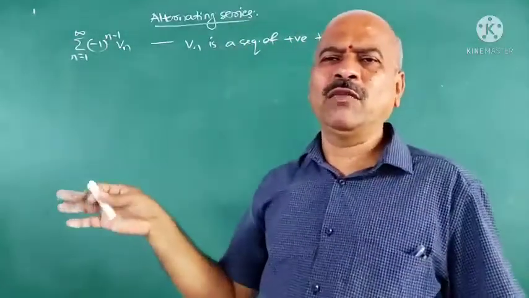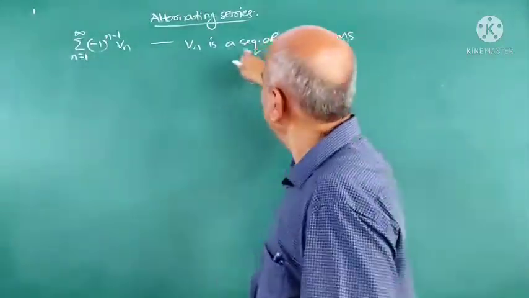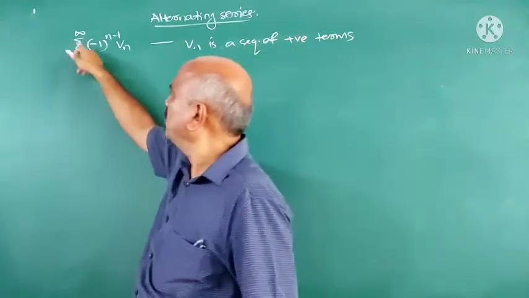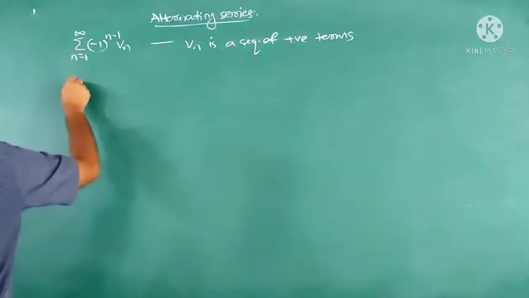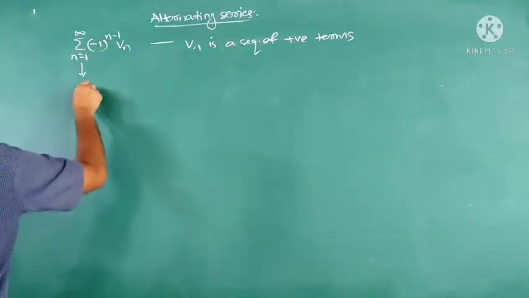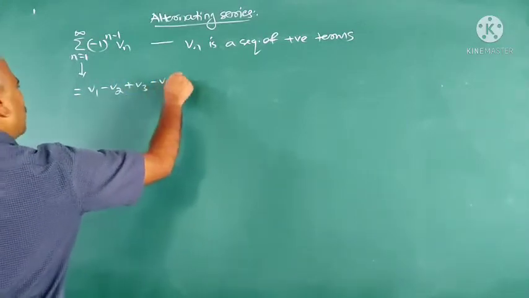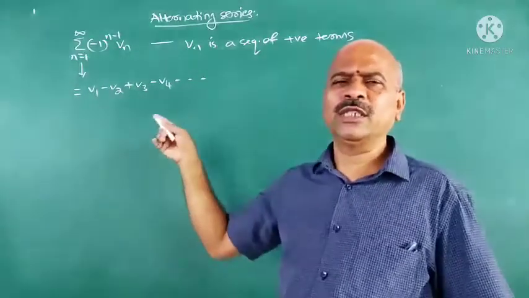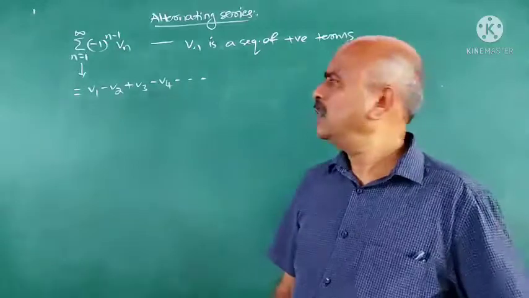If Vn is a sequence of positive terms, then the sum from 1 to infinity of minus 1 raised to n minus 1 Vn is called an alternating series, and it equals V1 minus V2 plus V3 minus V4 and so on. Positive and negative terms alternating, that is called an alternating series.